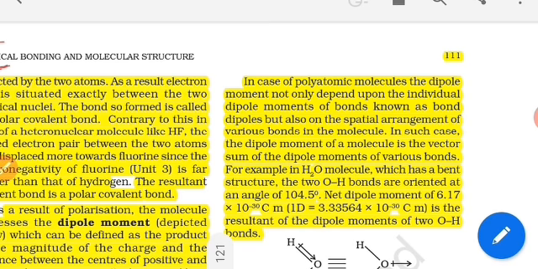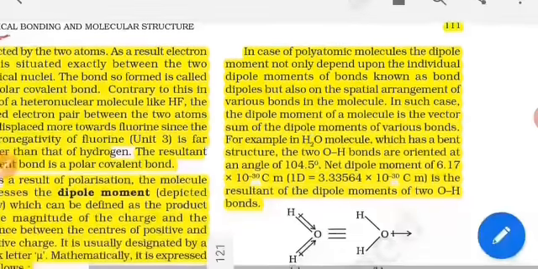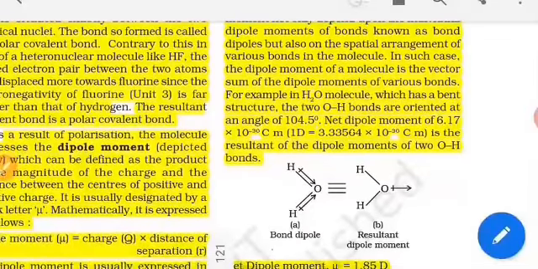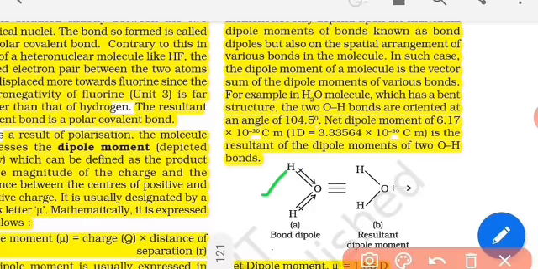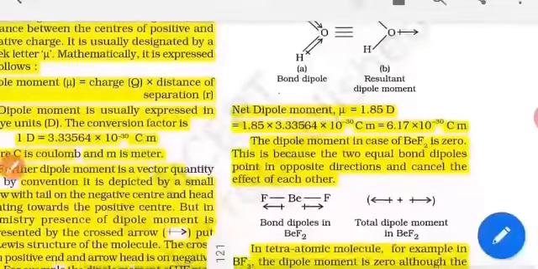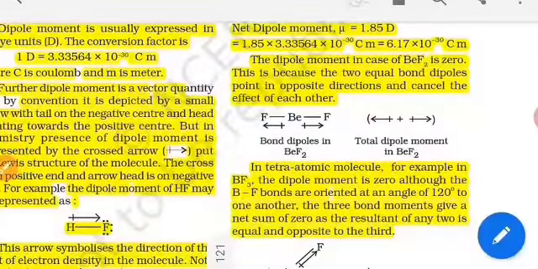For example, in the H2O molecule, which has a bent structure, the two OH bonds are oriented at an angle of 104.5 degrees. The net dipole moment of 6.17 into 10 to the power minus 30 coulomb meter is the resultant of the dipole moments of the two OH bonds, and it can be represented by this diagram, A and B. The dipole moment in case of beryllium fluoride, BeF2, is 0.